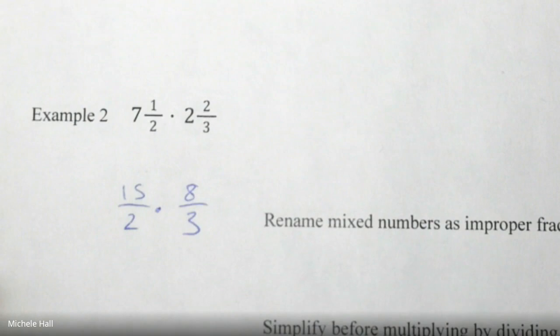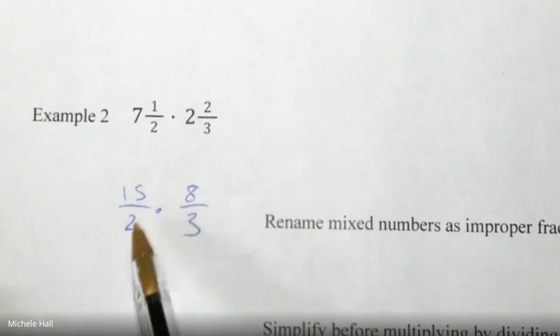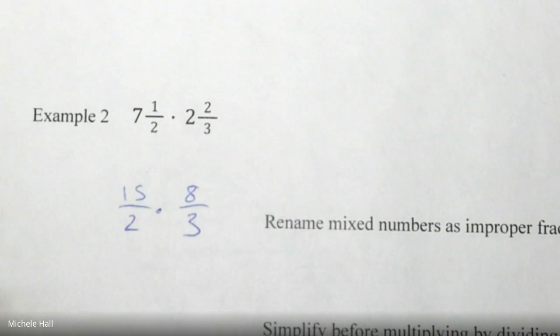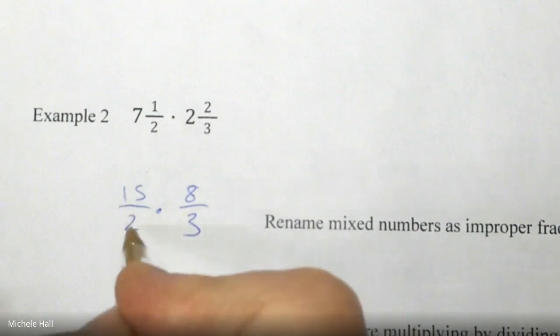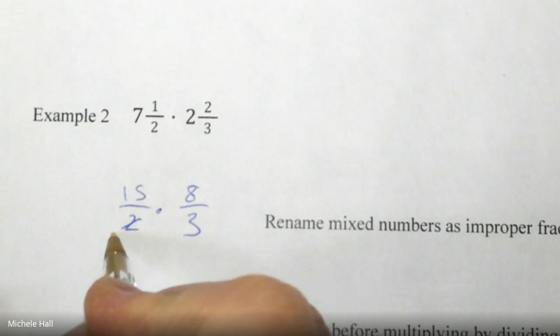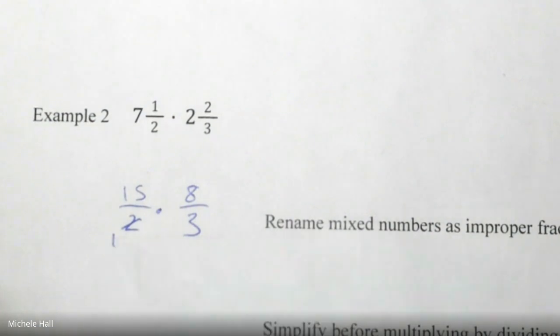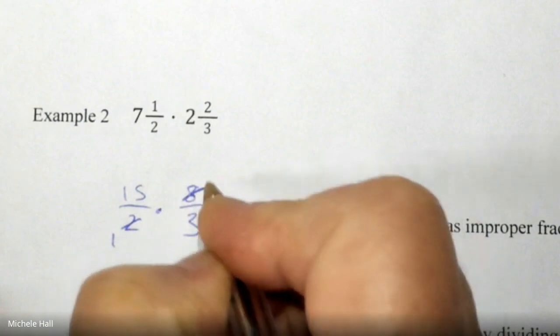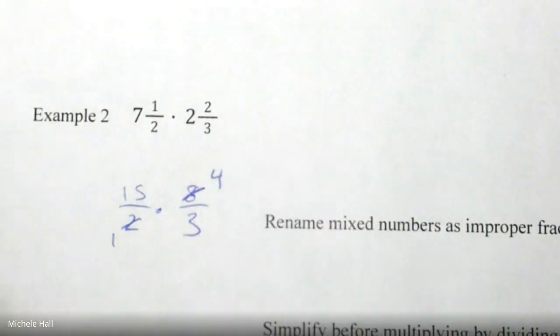The next step says the same thing, simplify. We're looking for the greatest common factor. Do 2 and 8 have anything in common? Their common factor is 2. So 2 divided by 2 equals 1, and 8 divided by 2 equals 4, so I cross them out and put 1 and 4.